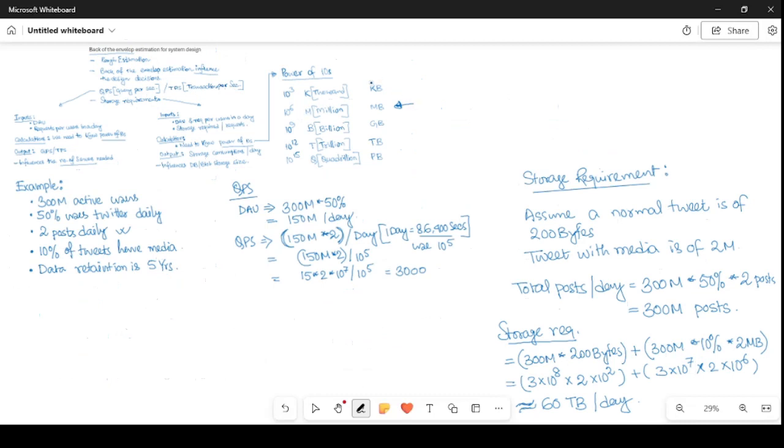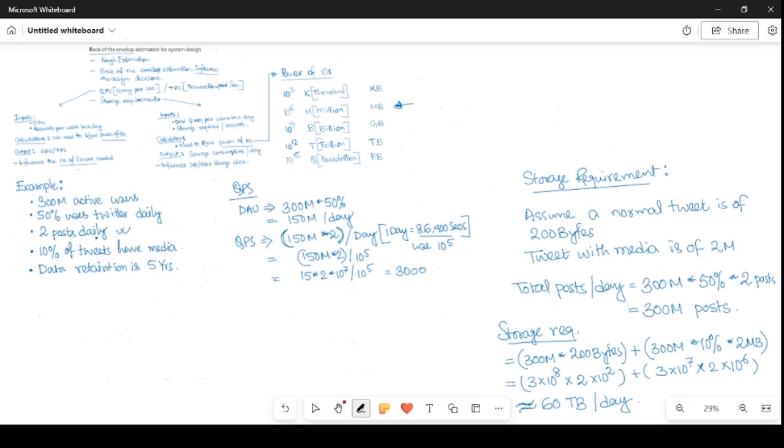Here, if you see, we are not using exact values of KB, because 1 KB means 1024 bytes. However, here we are calculating 10 to the power 3 bytes equal to 1 KB. This is just a rough estimate. The idea is to quickly calculate QPS and storage requirement, which will give us the ballpark figure using which we can influence our system design.